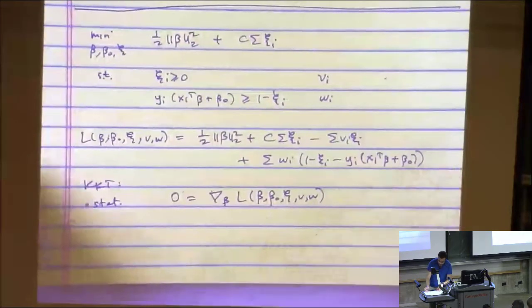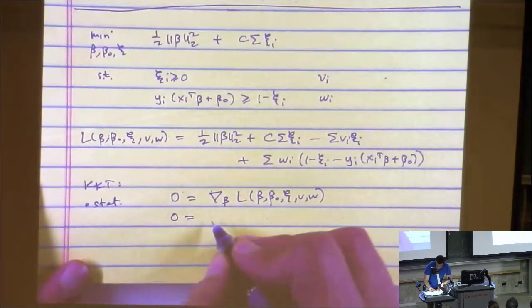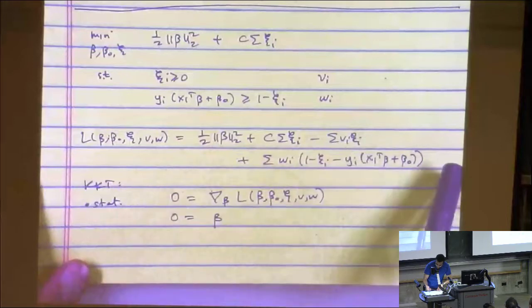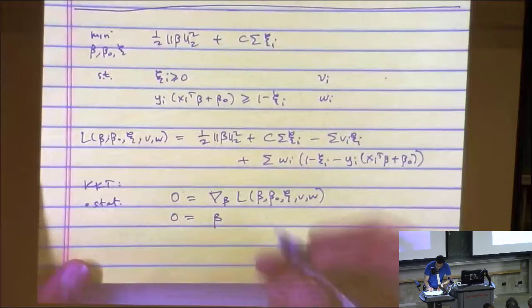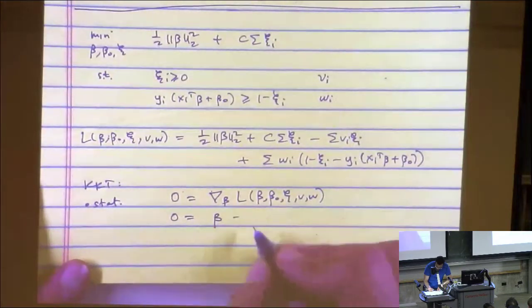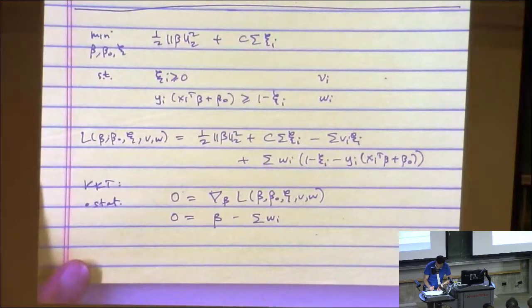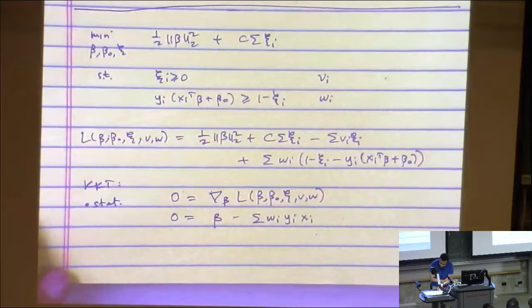All right, so let's start with this beta block. Take the gradient with respect to beta, set it equal to 0. I'm going to get 0 equals this, which is just beta, right? There's nothing here involving beta. This is the only term that involves beta. And this is equal to minus the sum of w_i times y_i times x_i.